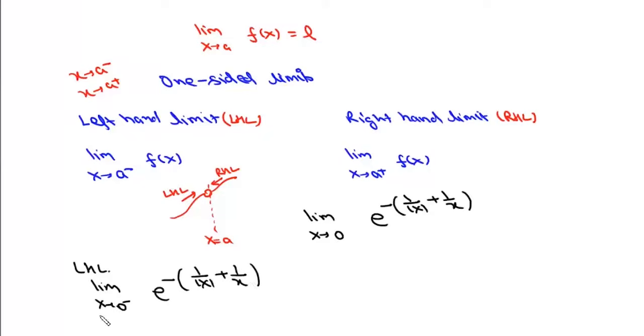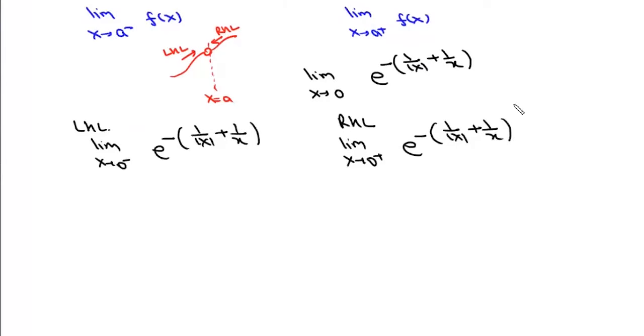So here we are approaching 0 from the left hand side, and if we approach this limit from the right, we say it is right hand limit, and we are going to write this as limit x tends to 0 positive e to the power minus 1 upon mod x plus 1 by x.